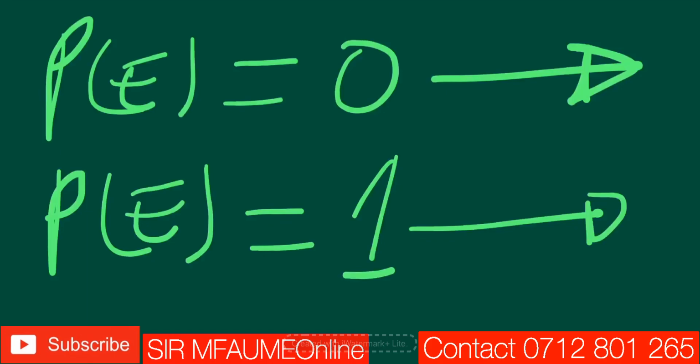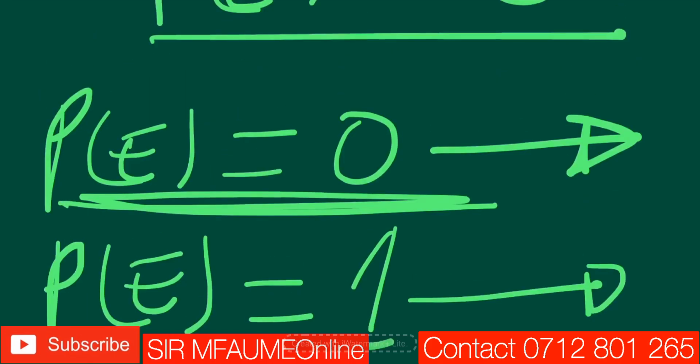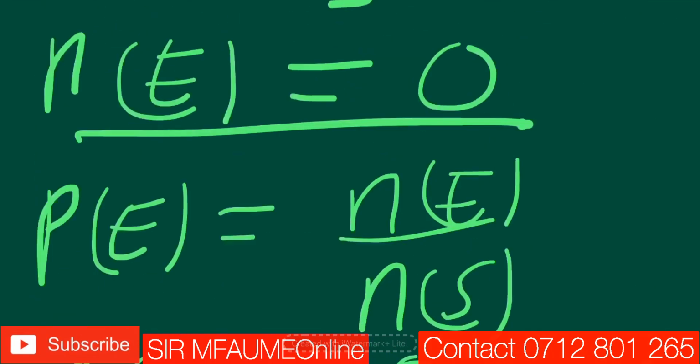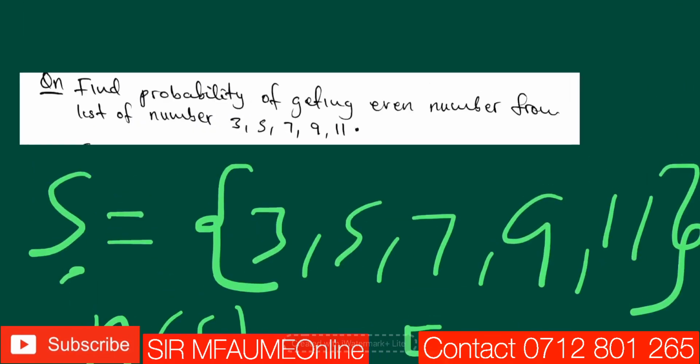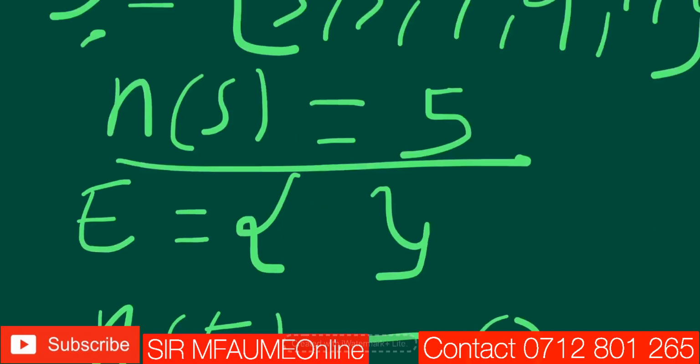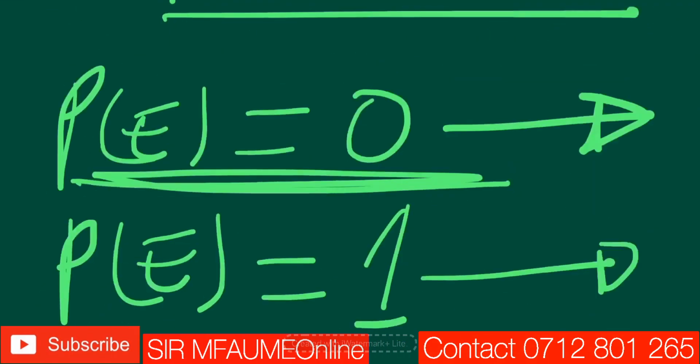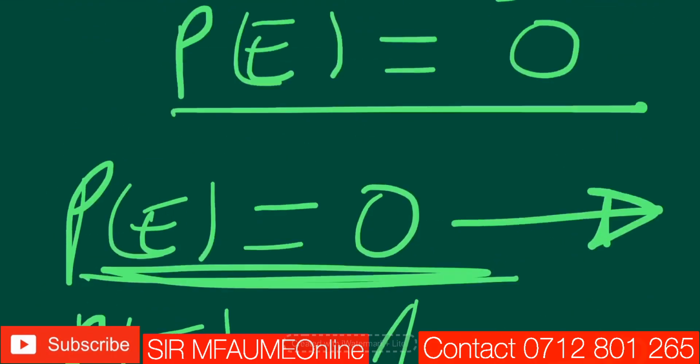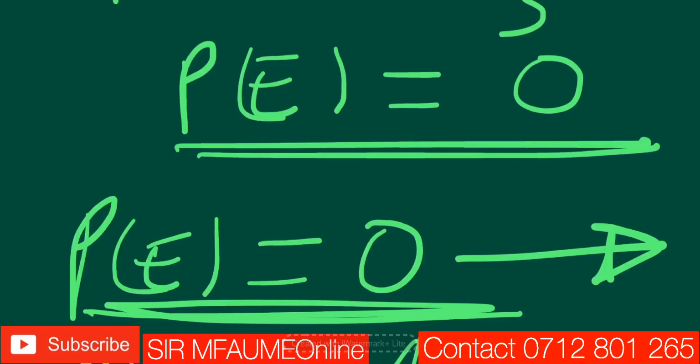So for this case, probability is equal to 0. That means the event does not exist. And this is correct because you can't find an even number from this set of numbers. That's why the event of finding an even number from this set of numbers does not exist. That event doesn't exist at all. That's why at the end of the day, we find that the probability of the event here is equal to 0. Okay, let me shift.